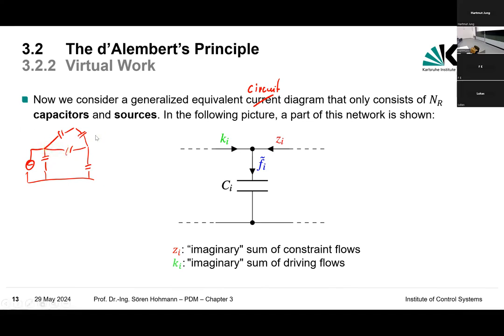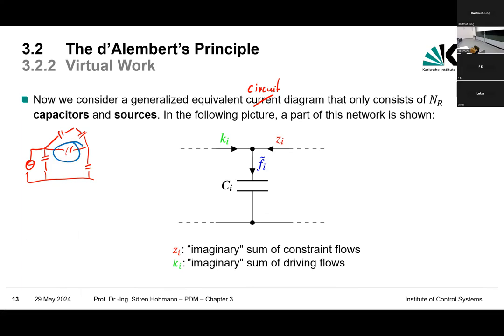And we can distinguish virtually in our brain the flows into two parts. There are some flows which are just due to the network, because there are other elements which are also driving this simple capacitor.